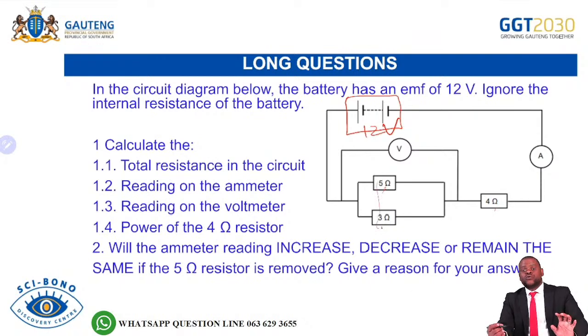That means for us to calculate the total resistance, we need first to calculate the equivalent resistance for these two that are in parallel, and then end by adding whatever was in parallel to the one that is in series.